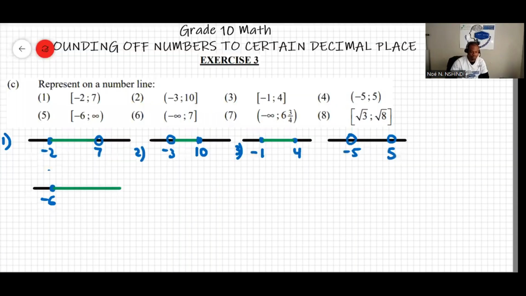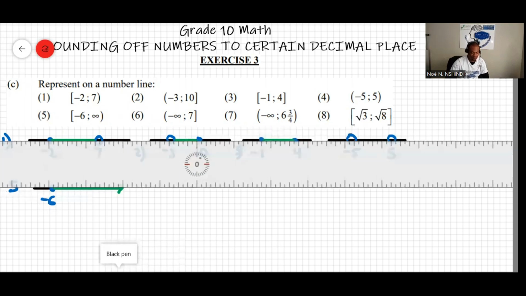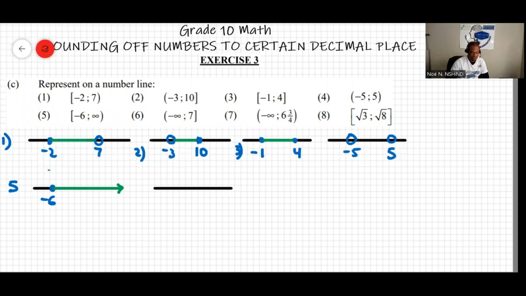So it covers the whole thing from there to infinity. Infinity is a limit that we cannot reach, so I put the arrow there. That was question 5, and then question 6 is from -infinity to 7.